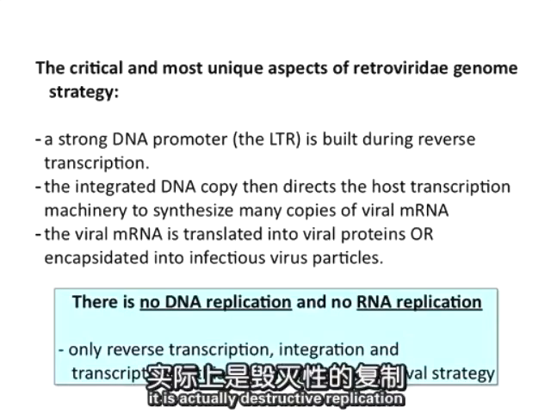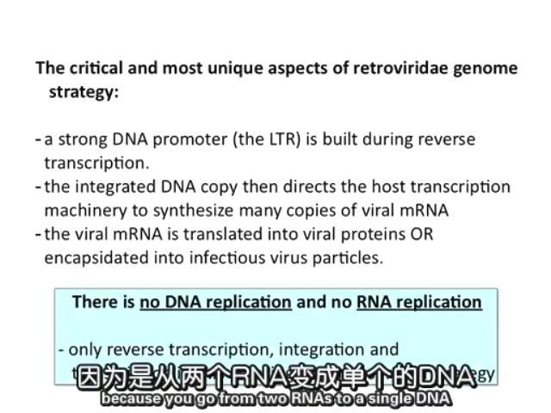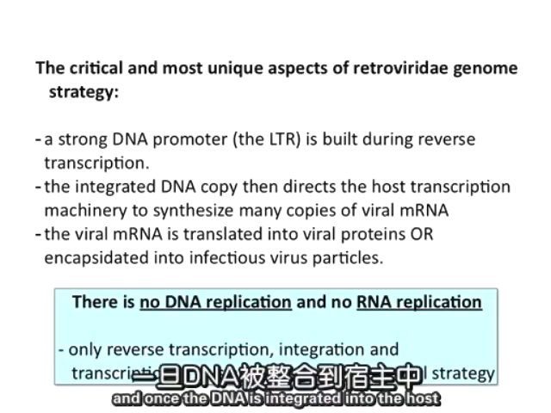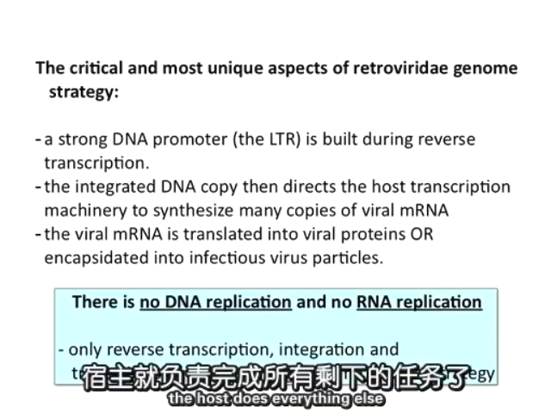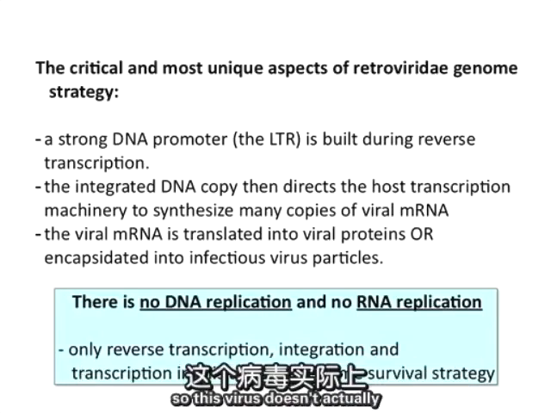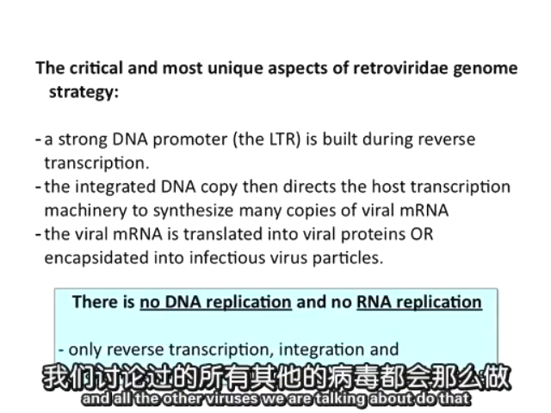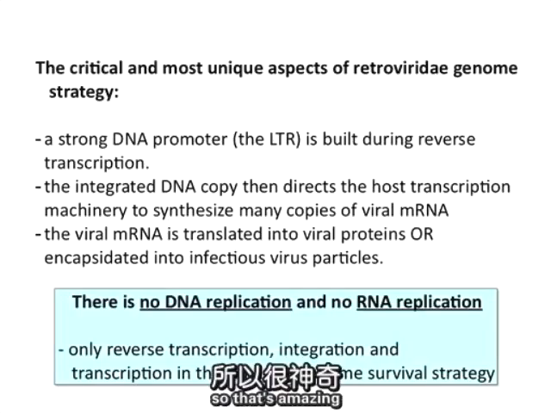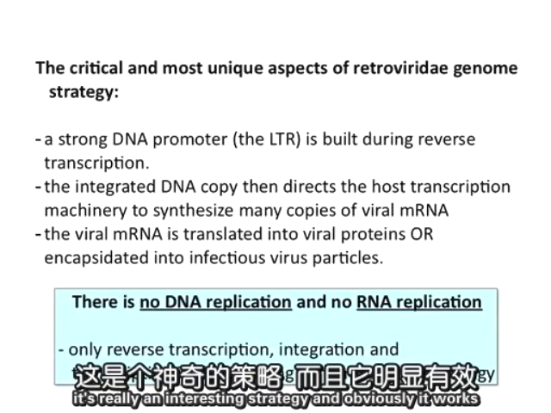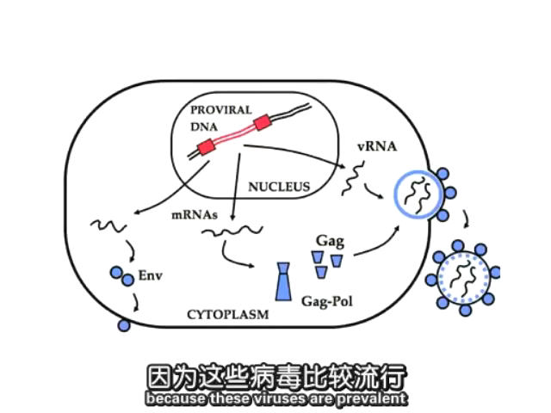It's actually destructive replication because you go from 2 RNAs to a single DNA. And then once the DNA is integrated into the host, the host does everything else. So this virus doesn't actually encode an enzyme to replicate its genome. And all the other viruses we're talking about do that, but not this one. So that's amazing. It's really an interesting strategy, and obviously it works because these viruses are prevalent.